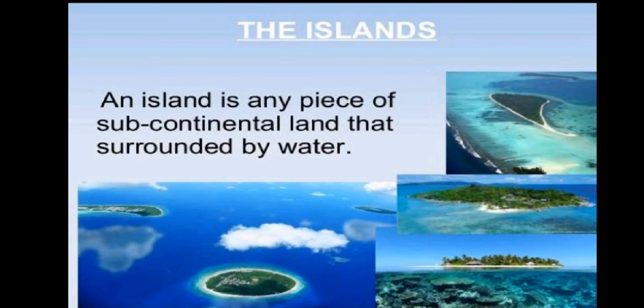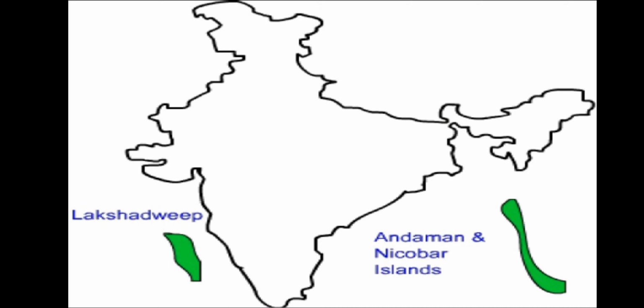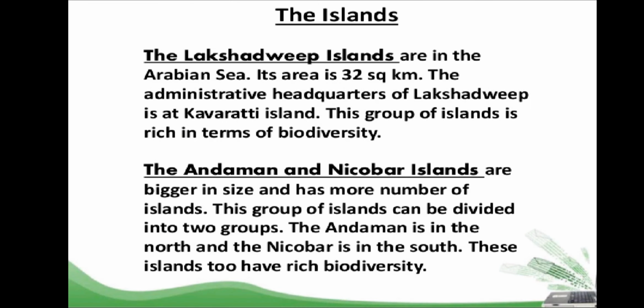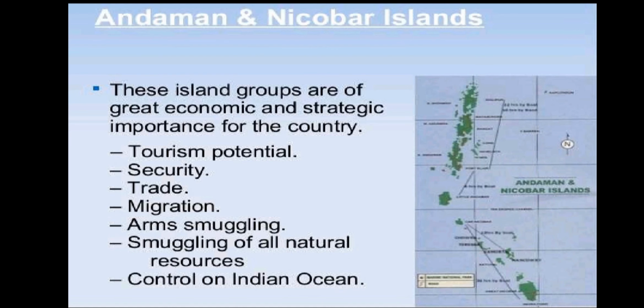After that, we discussed the island groups. What is an island? A piece of land which is surrounded by water from all sides. After that, on a rough map, we located Andaman and Nicobar Islands and Lakshadweep Islands. We studied some of their features, and then went for a detailed discussion about their importance.